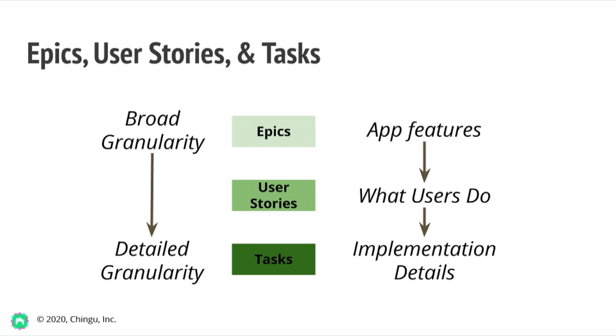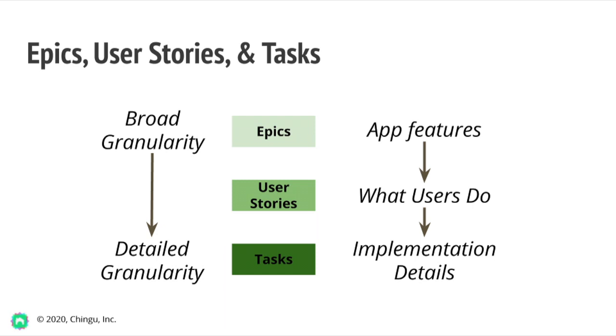Creating these activities mirrors the Agile methodology since we first create epics for each application feature, then we create user stories for the activities users must perform to realize the benefits of a particular feature, and then finally, tasks build on the user stories to describe what needs to be done to implement them.